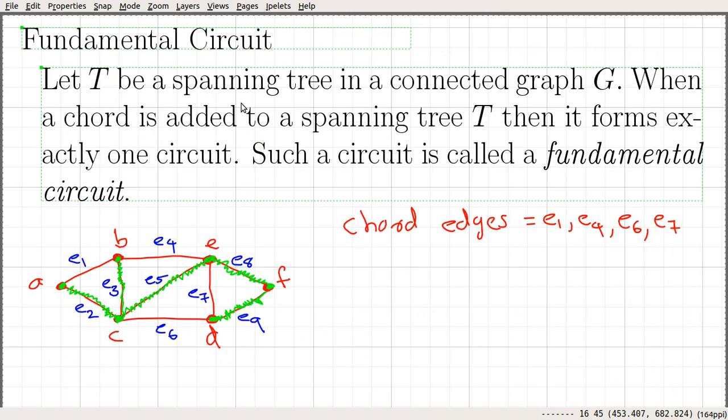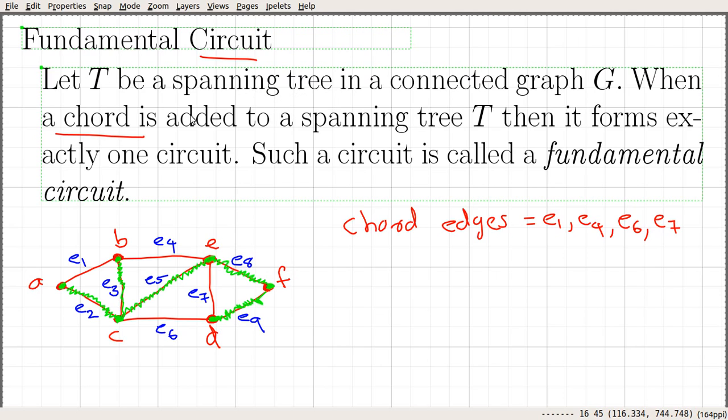Okay, so that's the definition of a fundamental cut set. And I think one more definition is remaining: the definition of a fundamental circuit. It is also defined with respect to a spanning tree. That is true for any tree: if you add one more edge to a tree, then we will have a cycle.